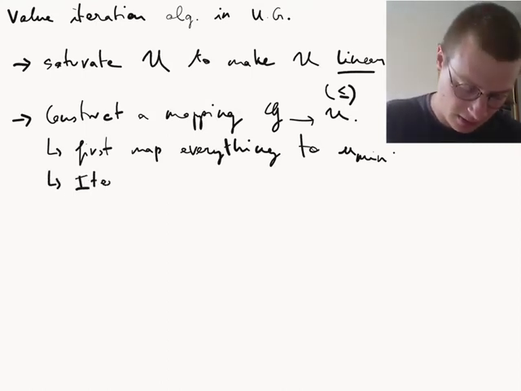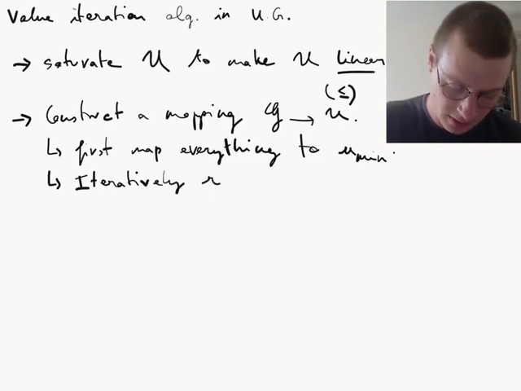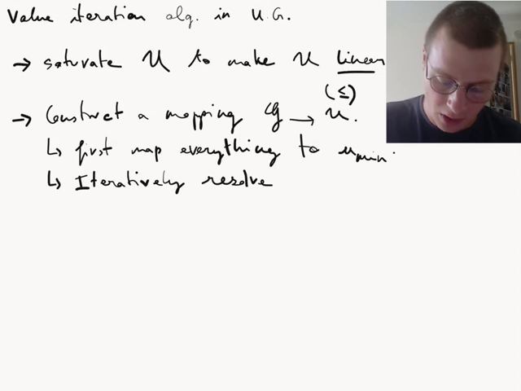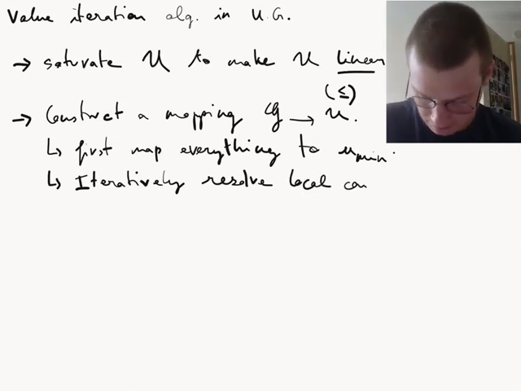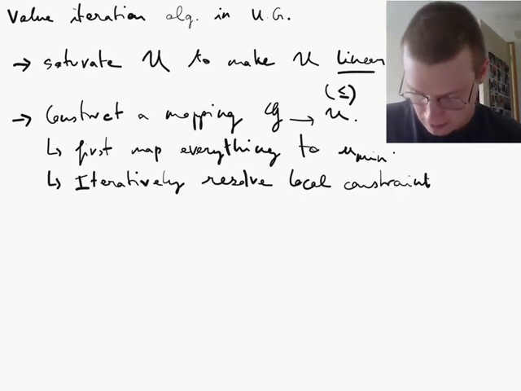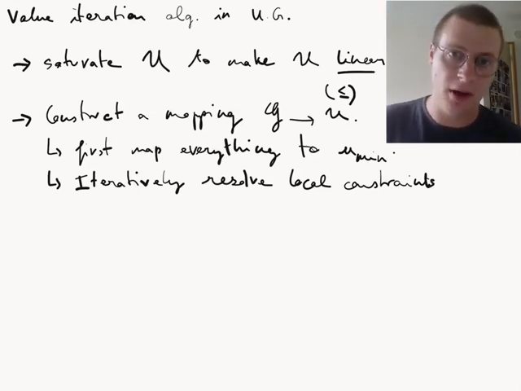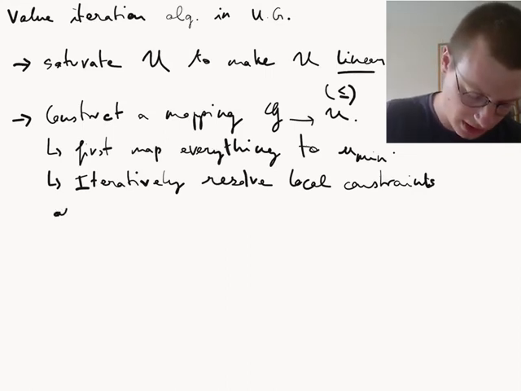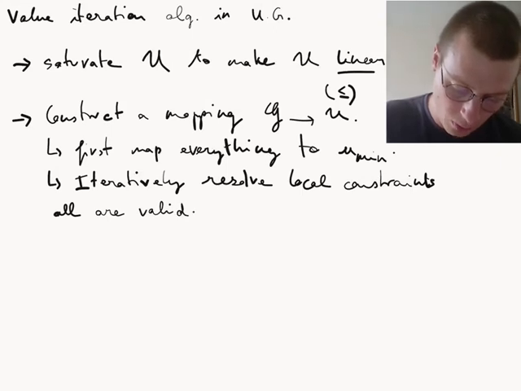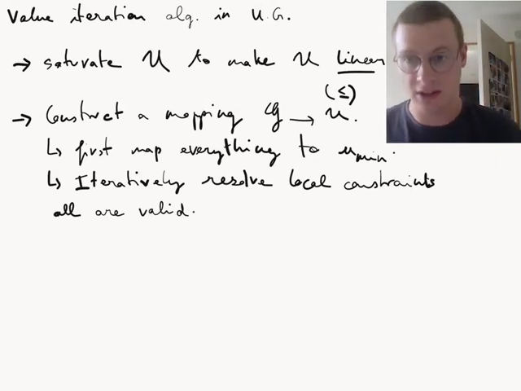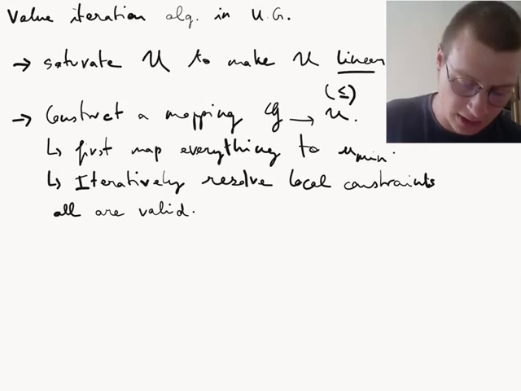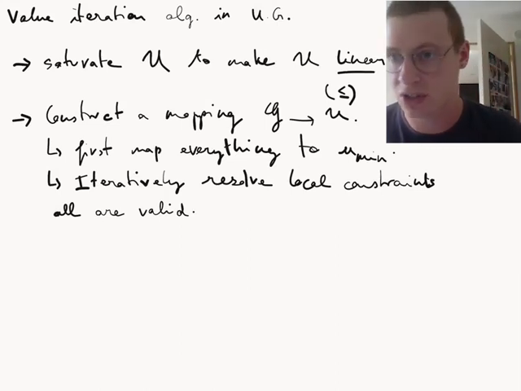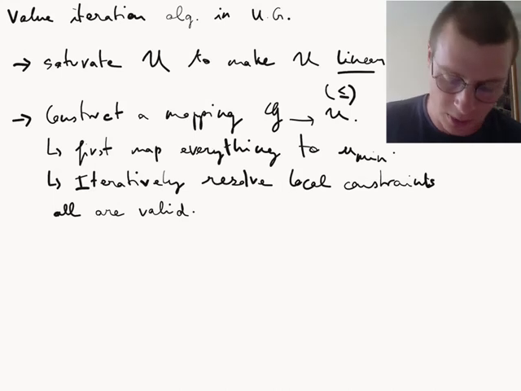And then iteratively, we resolve some local constraints by changing this map until all local constraints are satisfied, until all are valid. Once all these constraints are valid, we may prove that we have converged to a valid strategy and that this is the best possible strategy.